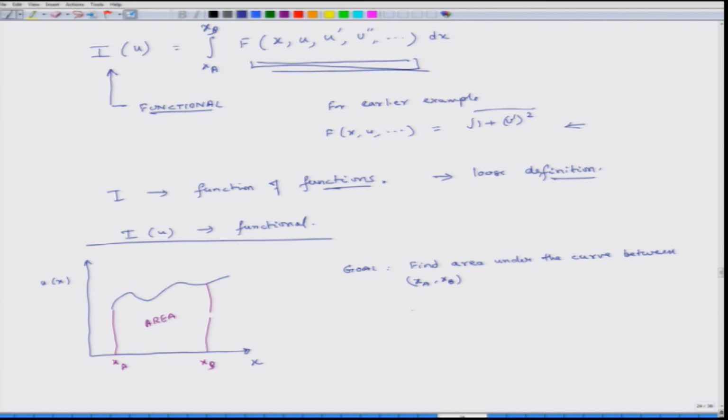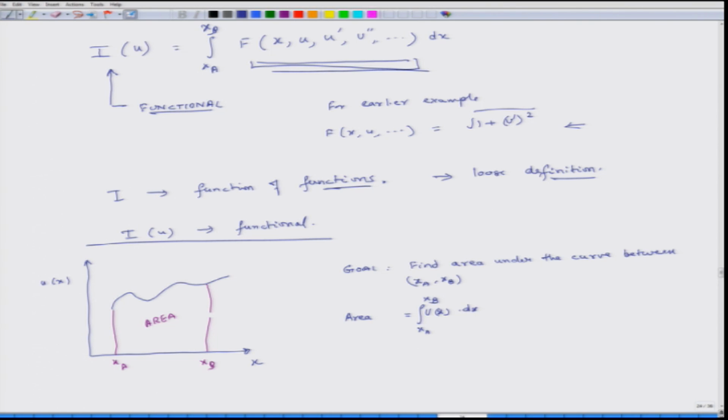Suppose that is what I am interested in finding out. So, what is the area? It will be basically the integral of u(x) dx from x_a to x_b. Okay.